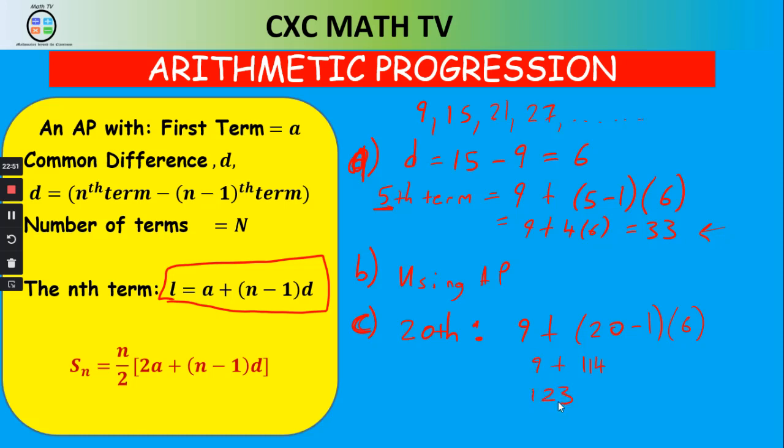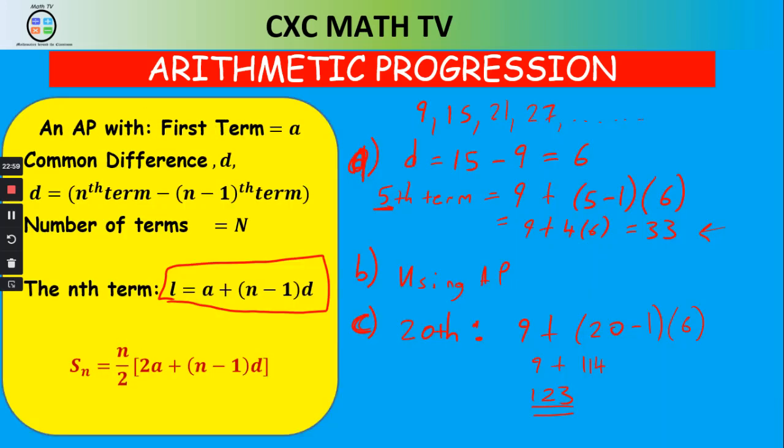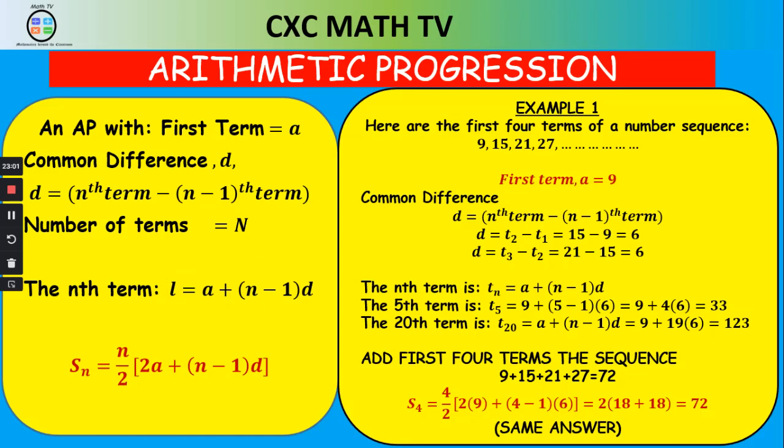That's 123. Look how easy that is. This will get 123 without having to list out all of them. So now we could clearly tell them Ryan is wrong. So we tell them that the first term is 9, common difference is 6. Finding the 20th term is 123. Right? That's it. Cool.